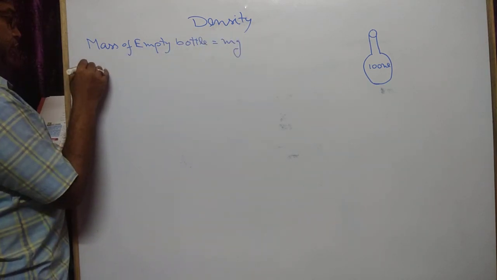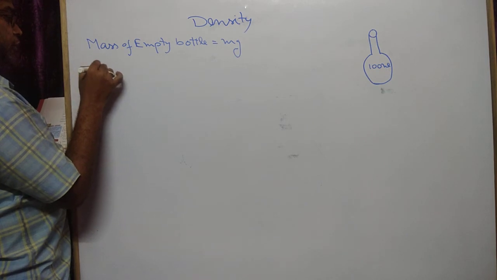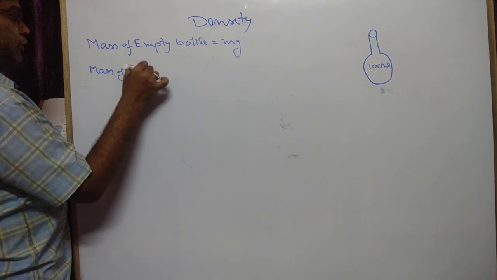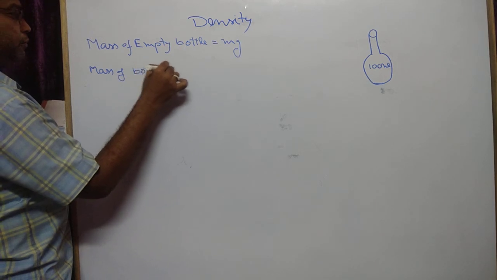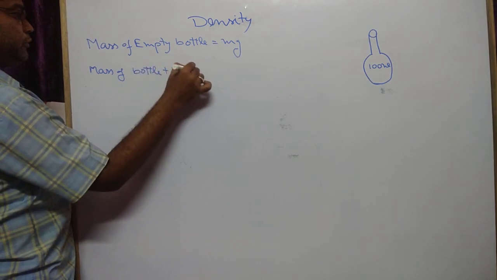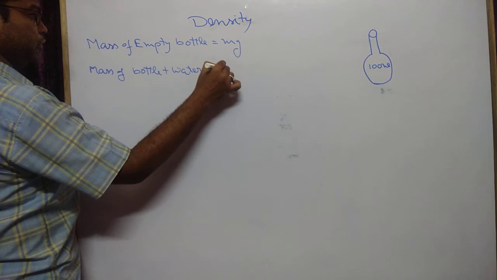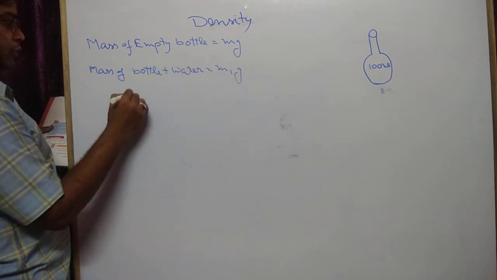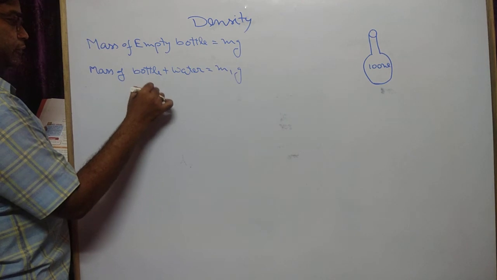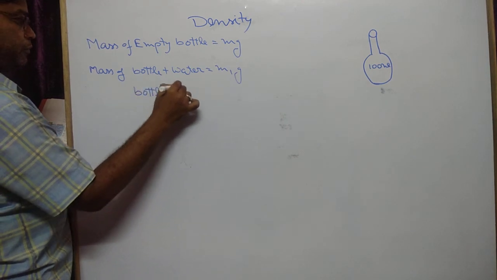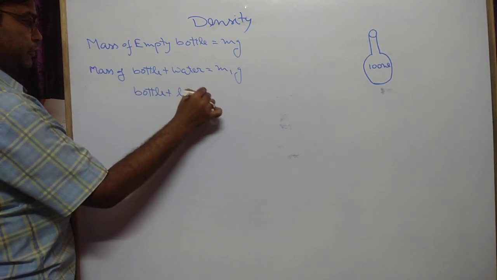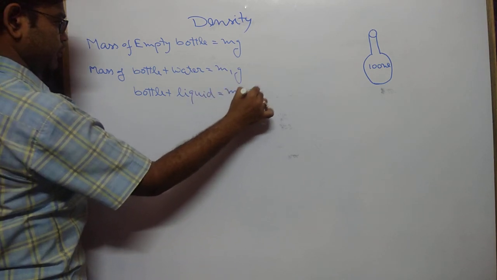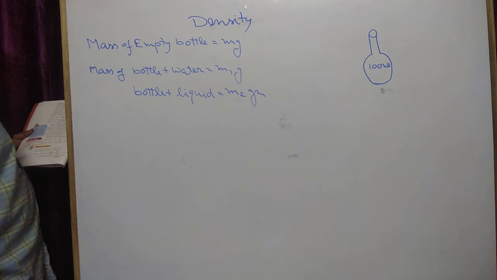Then again mass of bottle plus water is m1 gram. Then mass of bottle plus liquid equals m2 gram. Hope this one is clear.